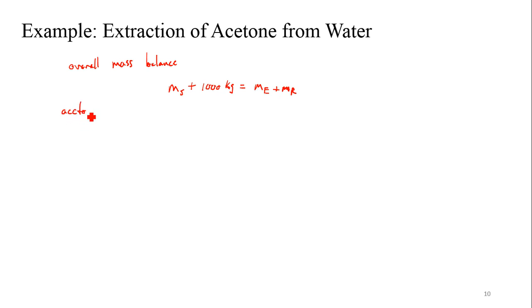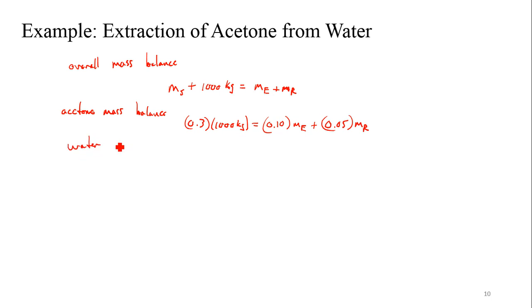Let's do a solute, or acetone, mass balance. Coming in, we had 30% of our feed. And then we know the extract has 10% acetone in it, and the raffinate has 5%. So far we've got two equations and three unknowns.